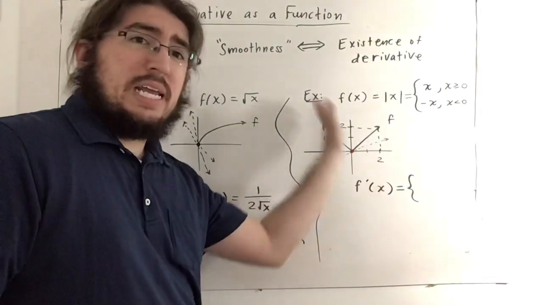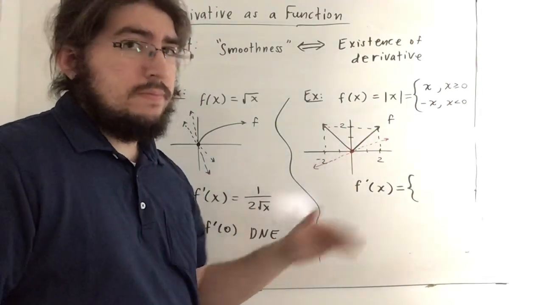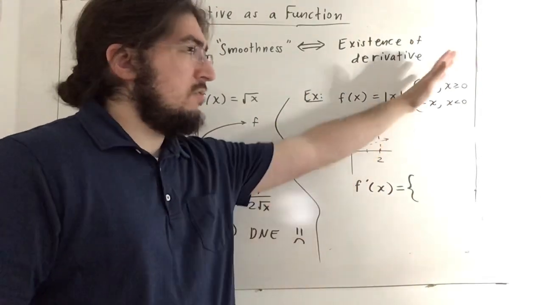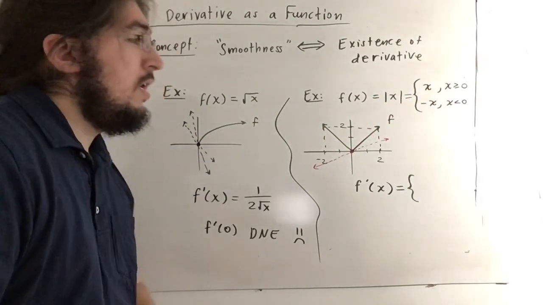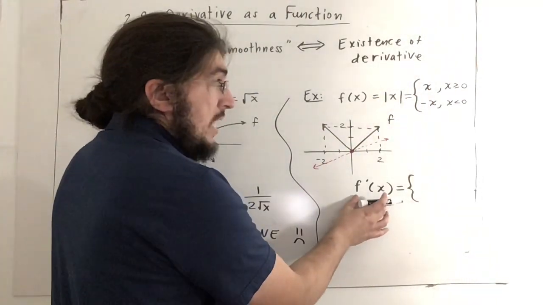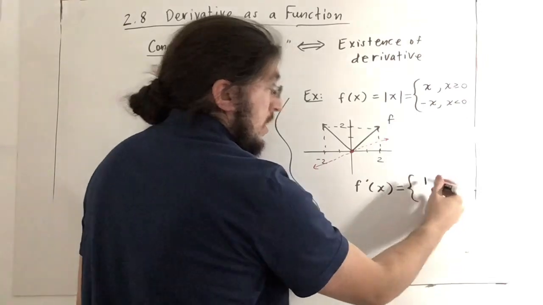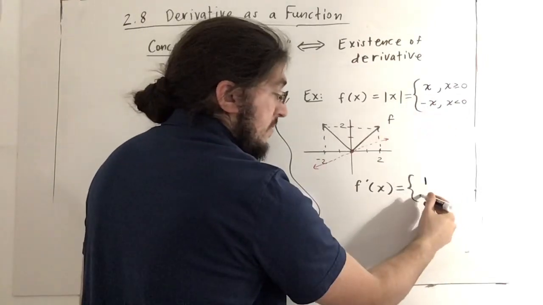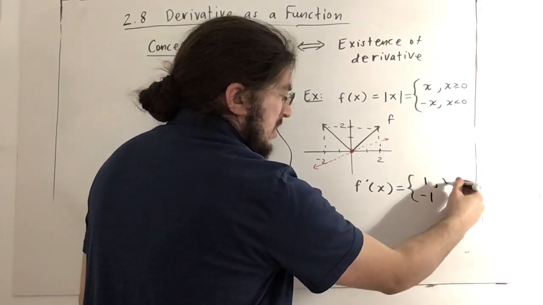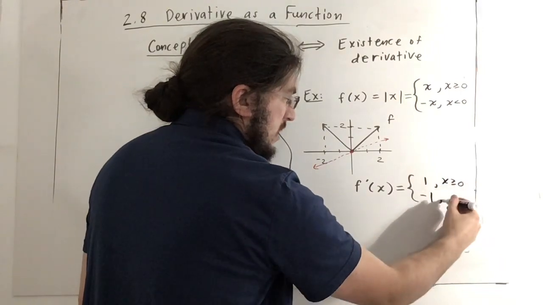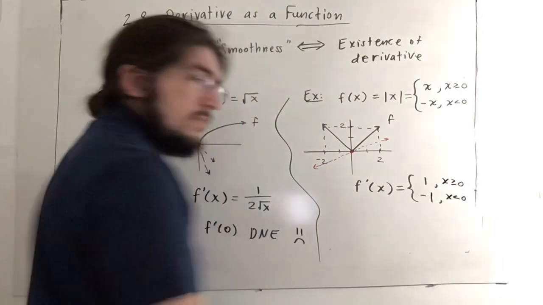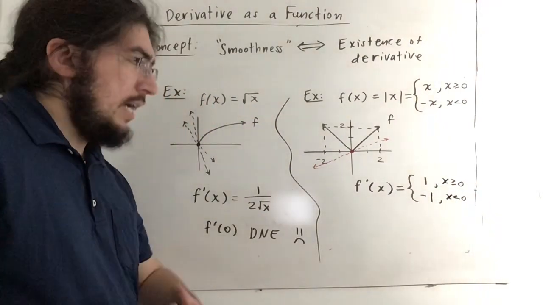The line y equals negative x has slope negative 1. Okay? So the tangent line at any of those given points is just that line itself. Meaning, the slope of the tangent line for x is 1. The slope of the tangent line for negative x is negative 1. So this is when x is positive or 0, and this is where x is less than 0. So far so good? I think so.